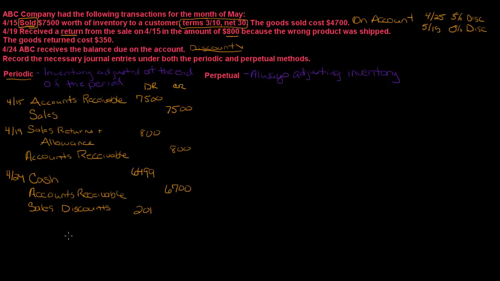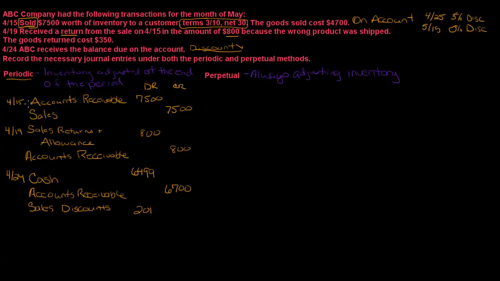Okay, those are my entries under periodic. Notice we didn't touch inventory at all, right? All we dealt with was accounts receivable, sales, sales returns and allowances, cash, and sales discounts.